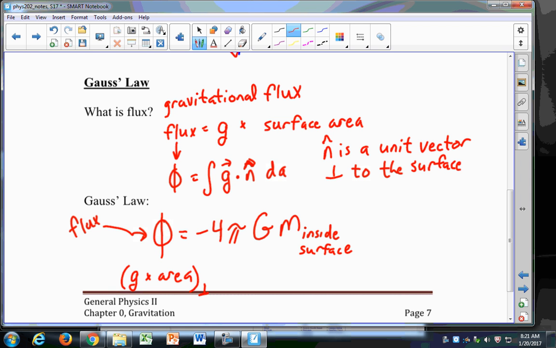Our G and our N are in the same direction, so our area is perpendicular to G, is going to be equal to negative 4 pi G times the mass inside the surface. Let me show you one of these, and these are in your homework as well, how this applies.